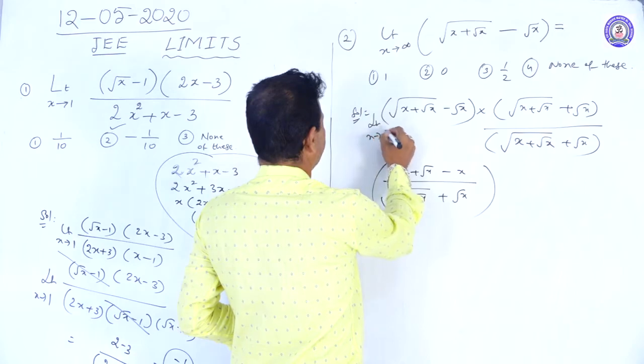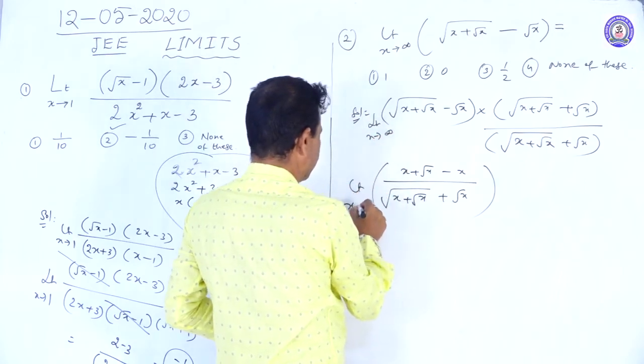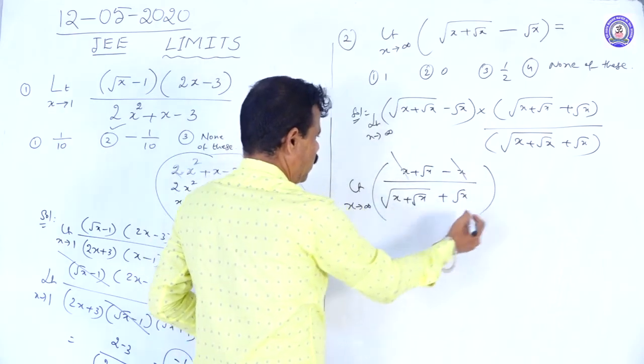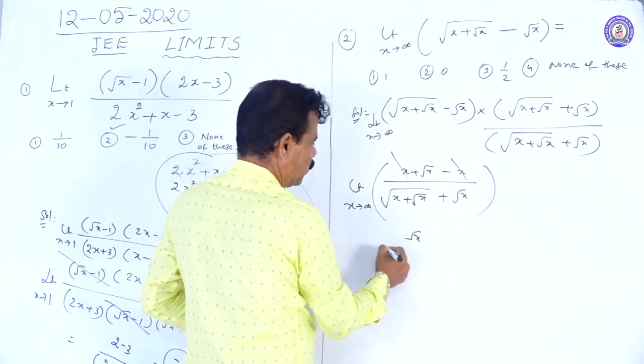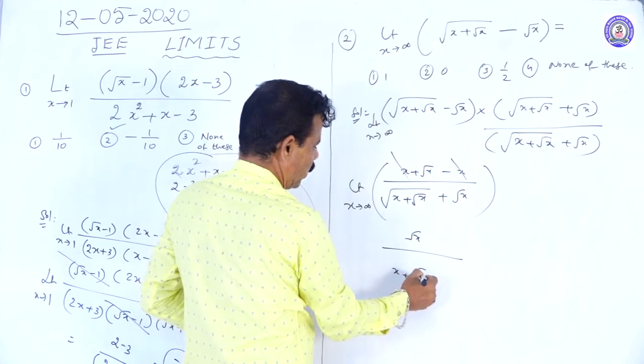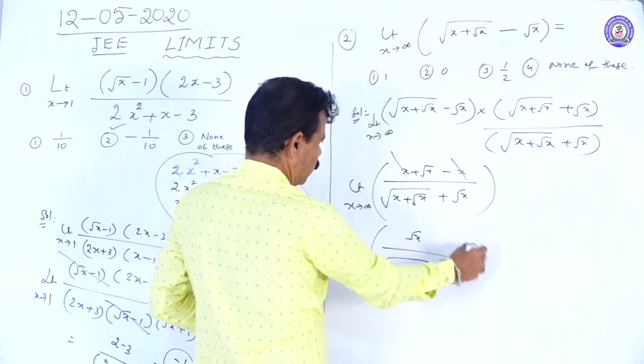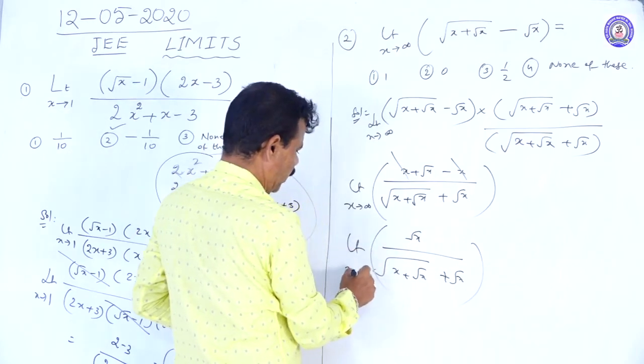Limit x tends to infinity. Here x gets cancelled, remaining root x divided by root of x plus root x, plus root x. Limit x tends to infinity, same.